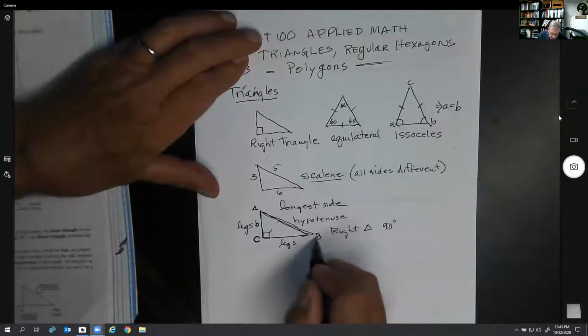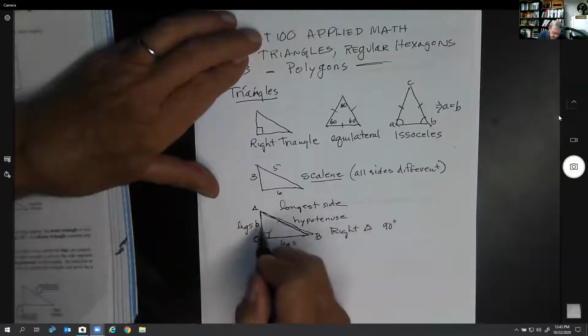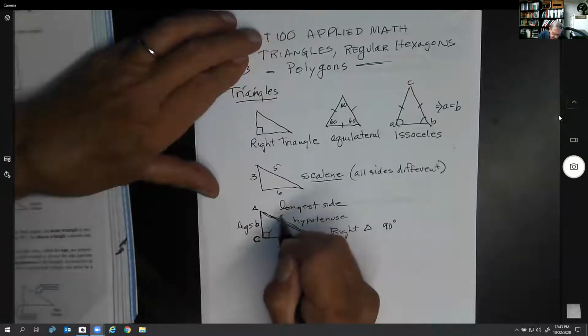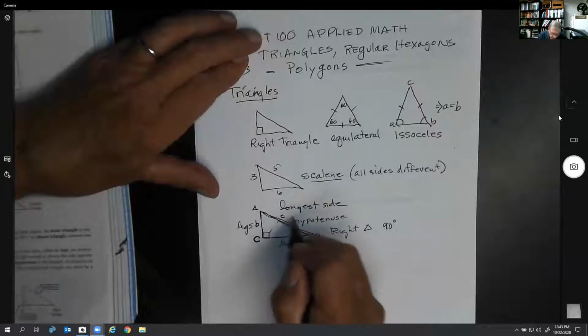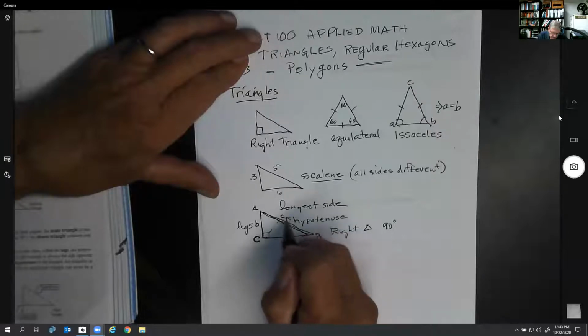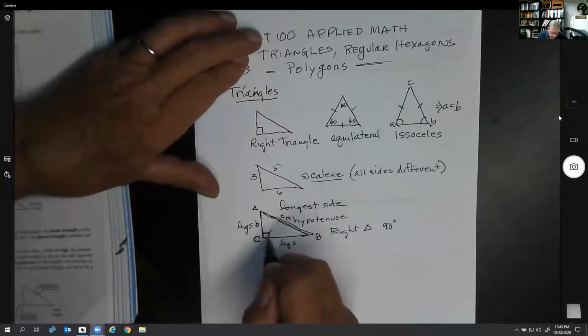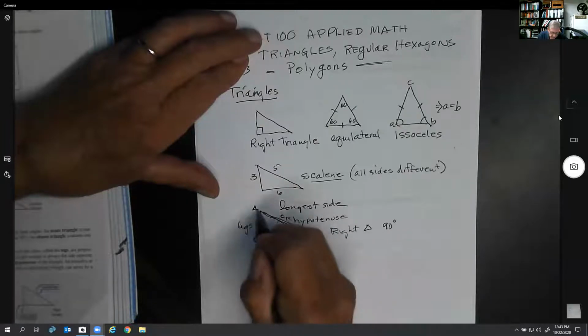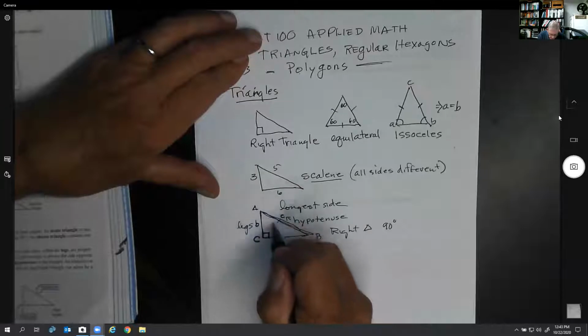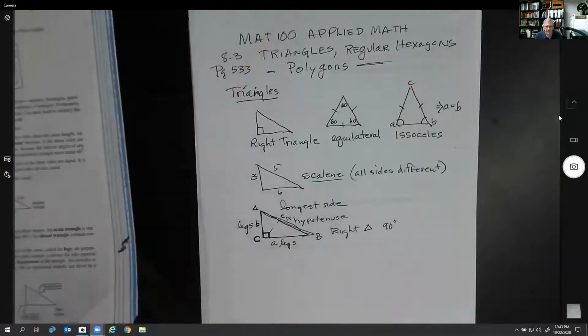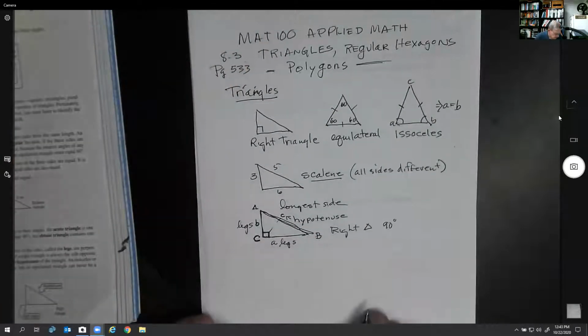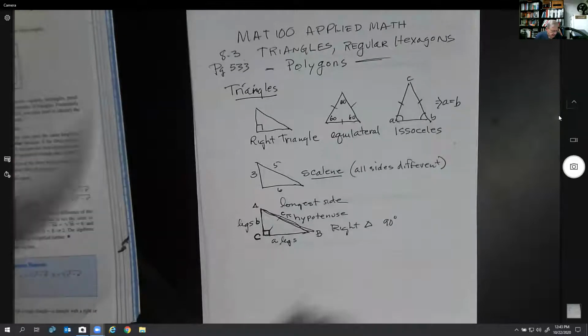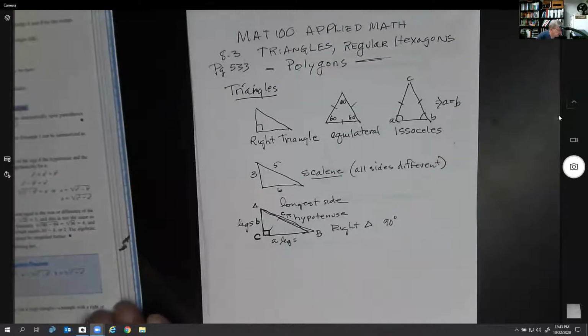So this is angle B, this would be side B. If this is angle C, this is side C, the hypotenuse. Hypotenuse is always opposite the right angle. And then this would be side A, opposite A. You kind of look like you're going down, that's the opposite. So that's usually how we designate them. Makes it a little bit easier.